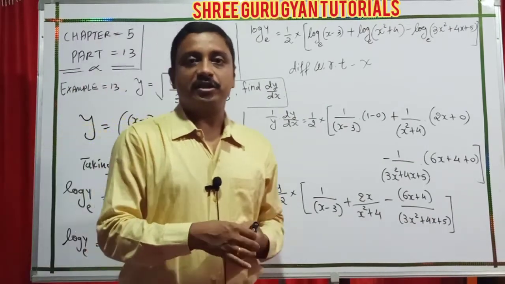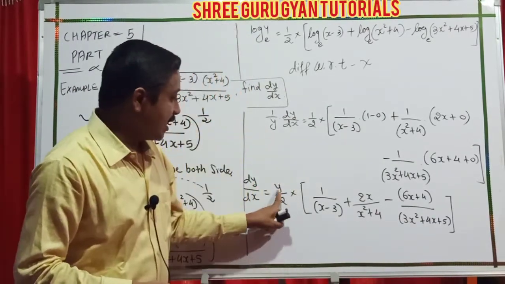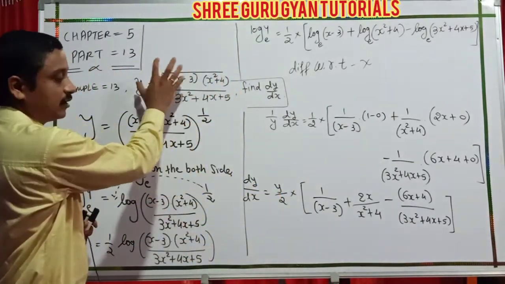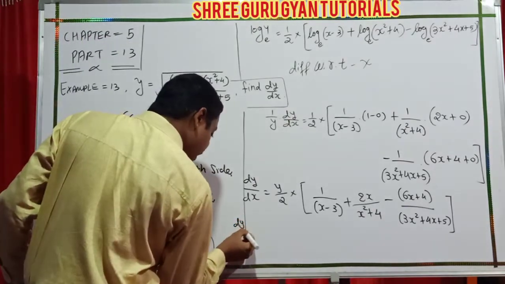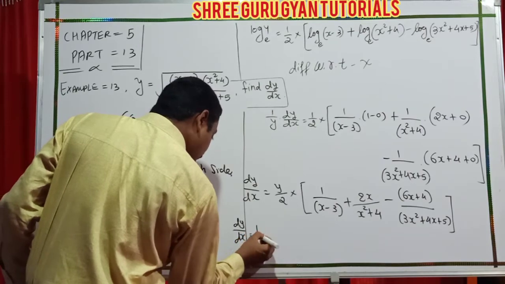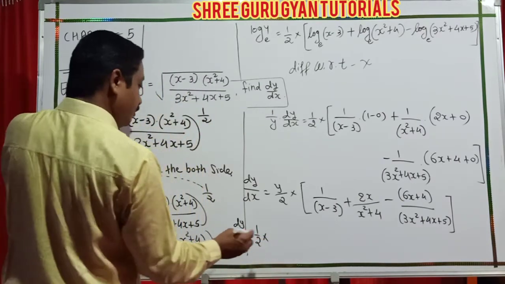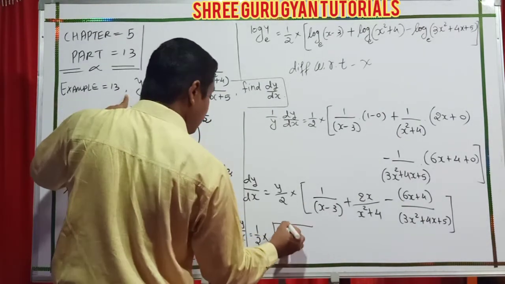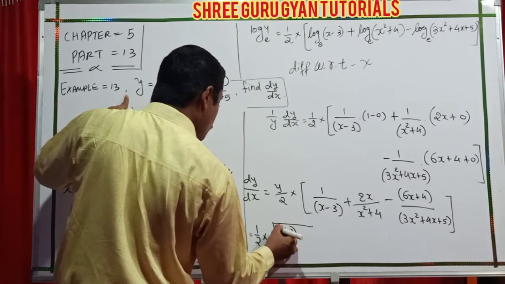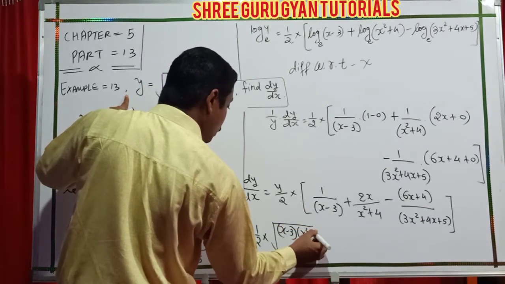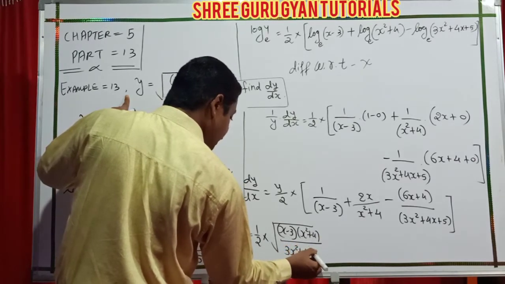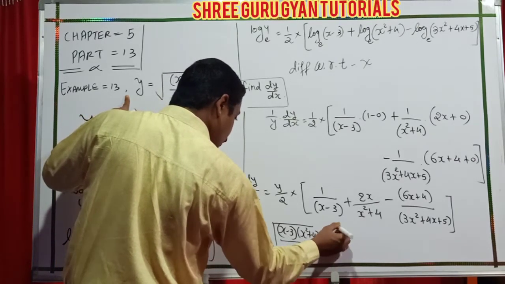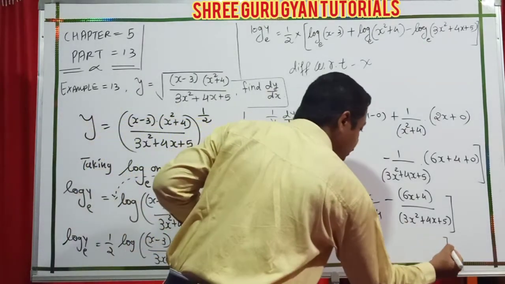Now wait, then apply the value for y. What is the y value? This whole value is y. I just put it here: 1 by 1, dy by dx. So half, and the y value is the whole value, root of x minus 3, x square plus 4 upon 3x square plus 4x plus 5, into this whole portion.